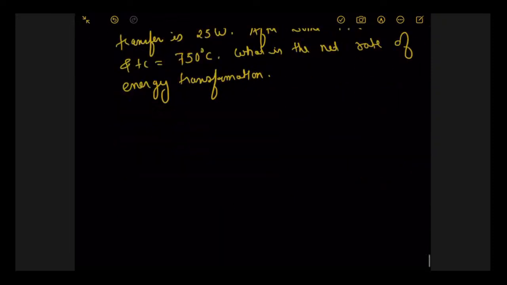Okay, so here Q equals sigma A1 F12 times (T1 to the power 4 minus T2 to the power 4).